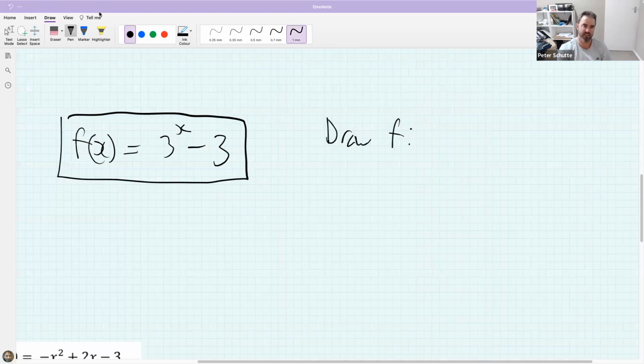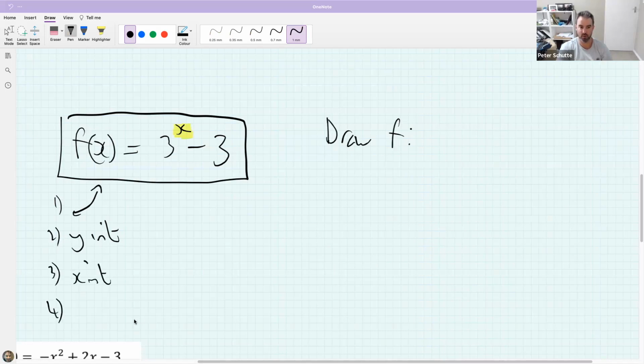So the thing that stands out for me is this is an exponential graph. Yep. And for an exponential graph, you need to kind of know the shape, and it's a positive value, so that's easy. You need to know what the y-intercept is, and you need to know what the x-intercept is. And you also need to know what the asymptote's equation is going to be, if there is one.